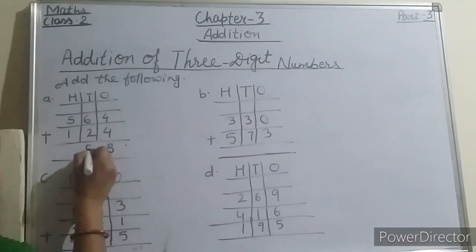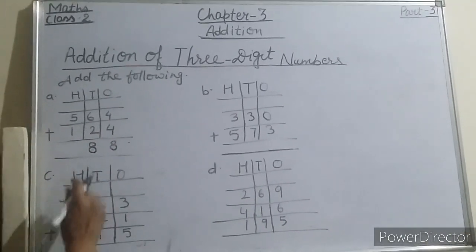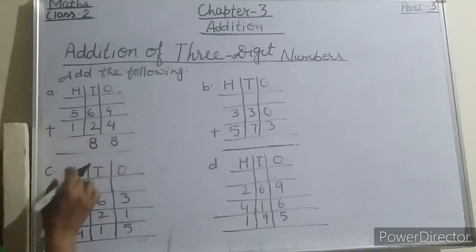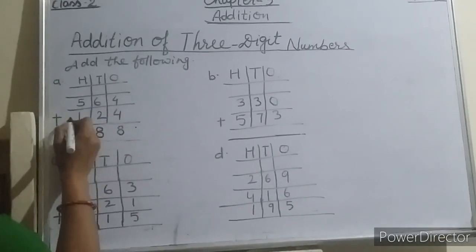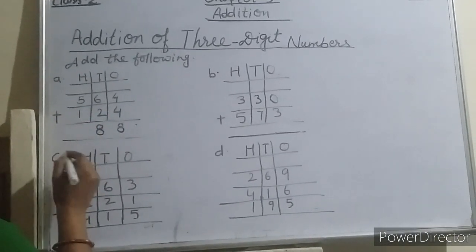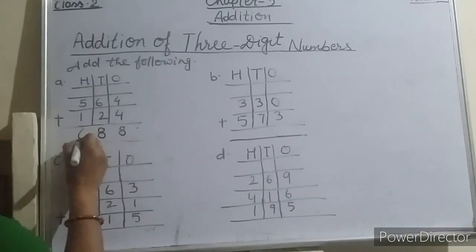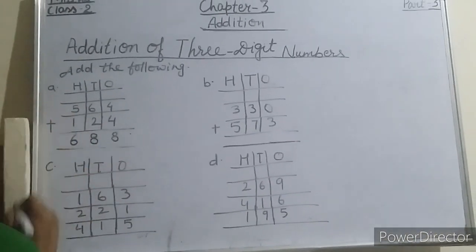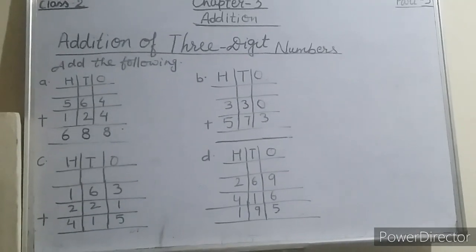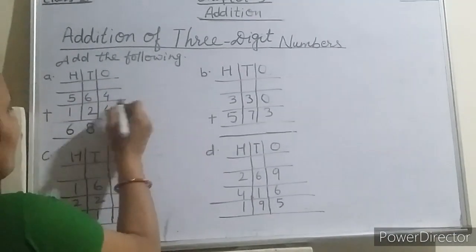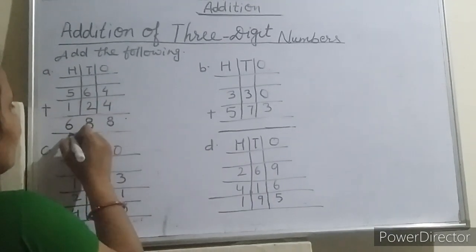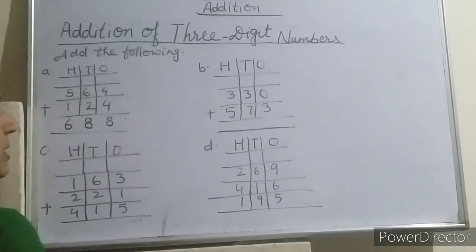So write 8 here at the tens column. And after that come to the 100. 5 plus 1, students, is 6. So write 6 under the 100 column. So students, 564 plus 124 is equal to 688.